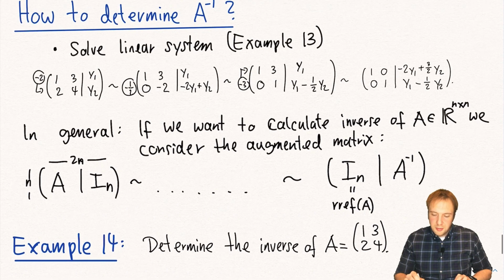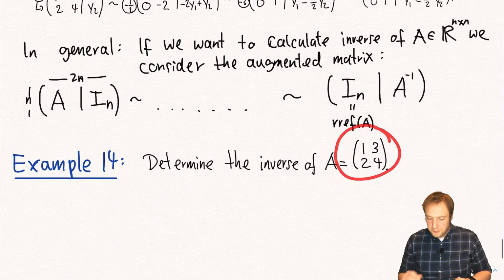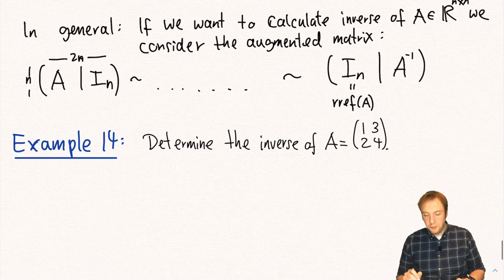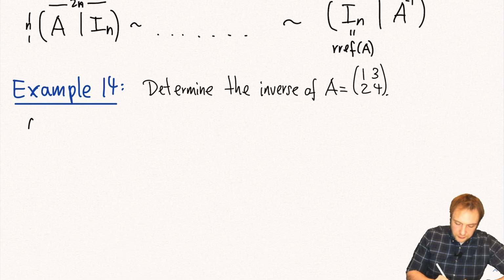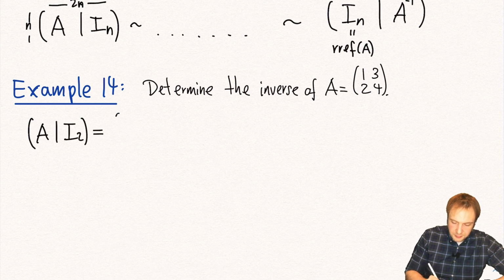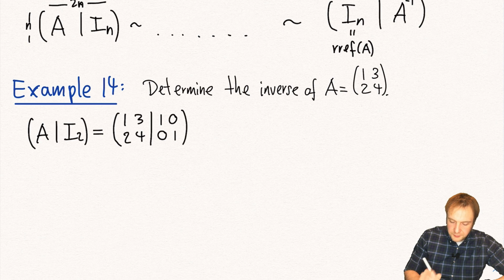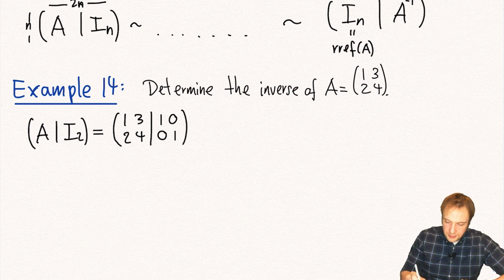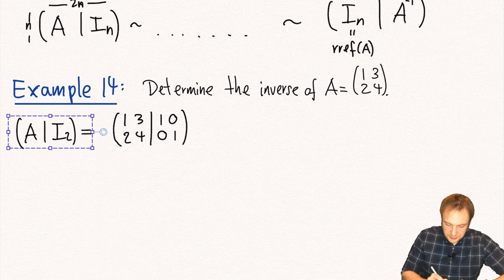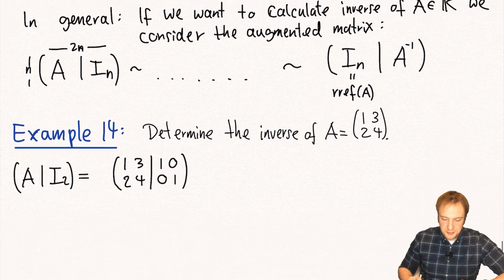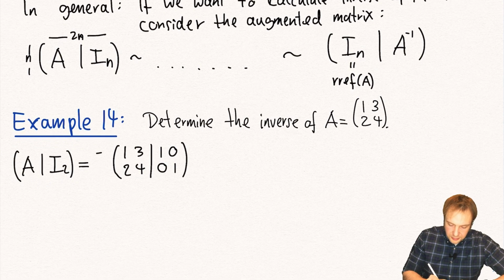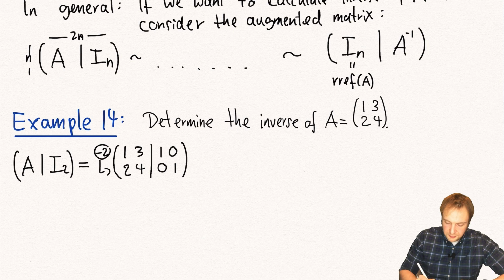So we want to calculate the inverse of this matrix again, 1, 2, 3, 4. So what we do is we write the matrix here. So in this case n equals 2, so we consider this matrix here, 1, 3, 2, 4. And here is the identity matrix of size 2. But now we do exactly the same operations as before. -2 times this row there.